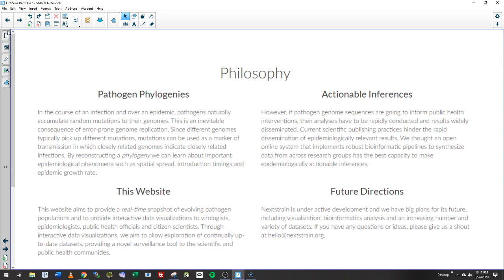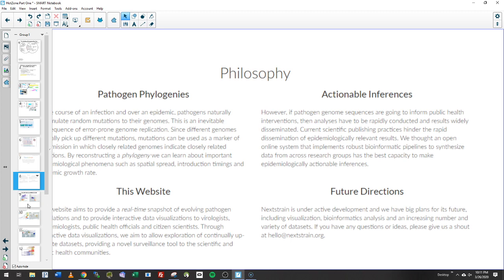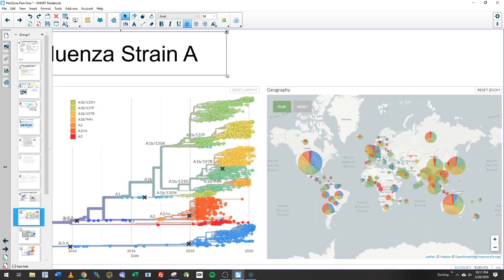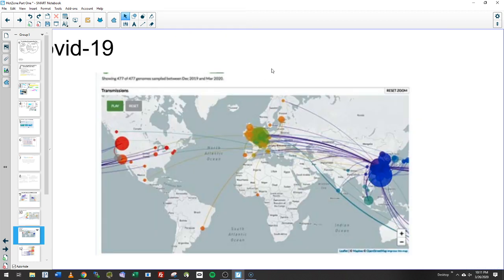Like, the CDC is reporting positive cases, but it's not just yes or no, positive or negative. They're turning around and they're sequencing it. And they're wanting to take a look at, is this changing over the course of the pandemic? This is Ebola. Hold on. That's flu. And this is what we're seeing.